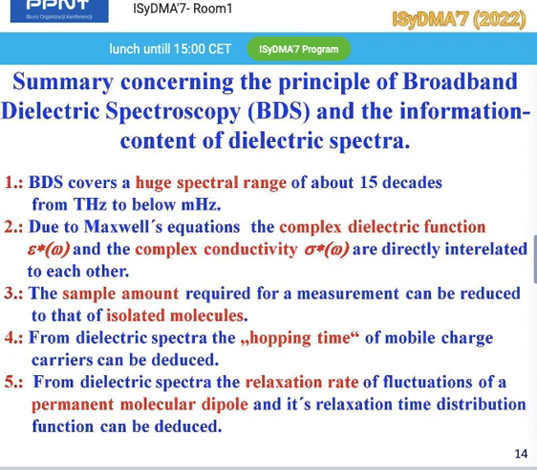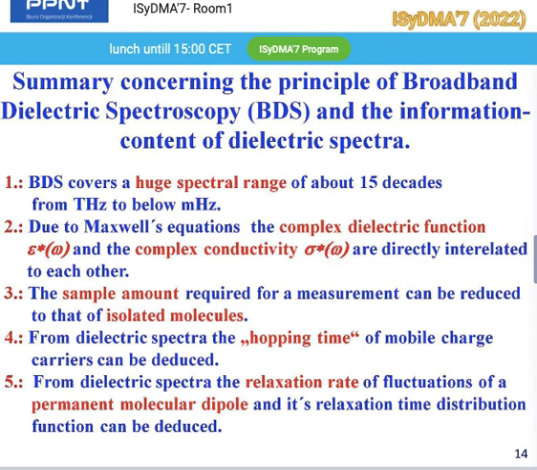With special nanostructured capacitors, one can reduce the sample amount required for a dielectric measurement down to that of isolated molecules. We realized this is a speciality which enables especially novel experiments if you are interested in the dynamics of molecules, for instance, close to interfaces.